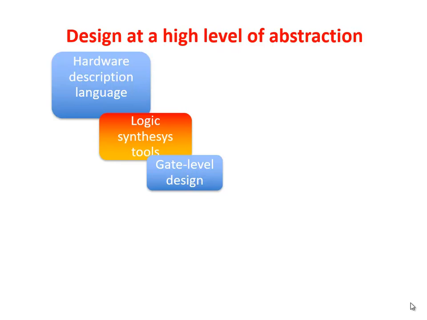Once you have the gate level design, what you need to do is to obtain the layout. For each gate, you can go to the standard cell, and you know to which other gates that gate is connected, and then you can place the cells on the area of the chip, and then place the interconnections.